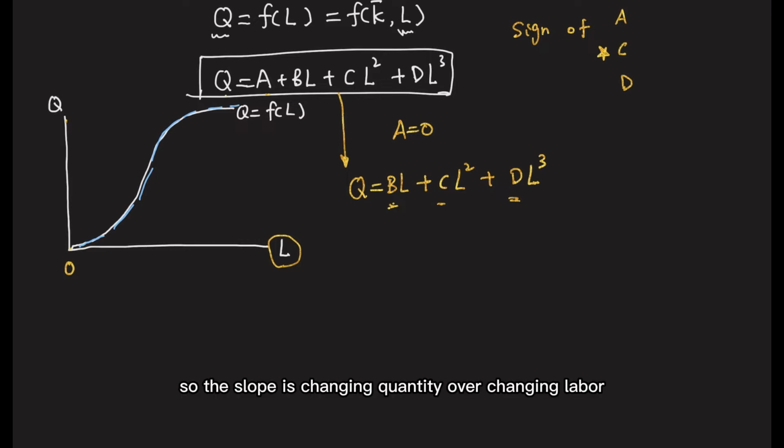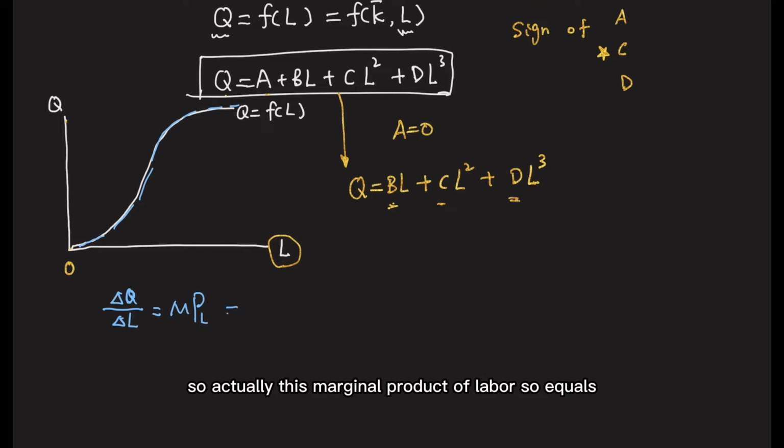The slope is the change in quantity over the change in labor. That's the additional output produced when you have one more unit of labor, so this is actually the marginal product of labor. The slope at any point of the curve equals the slope of the tangent line at that point.